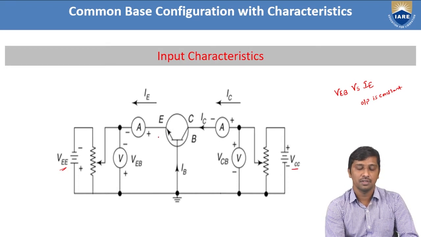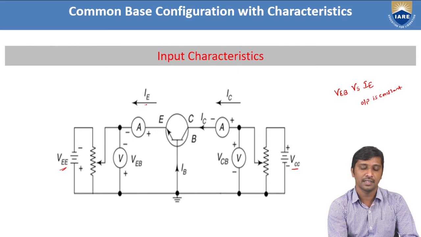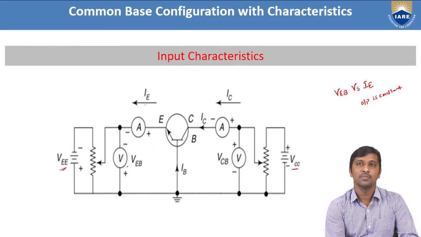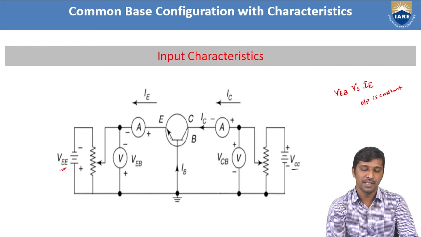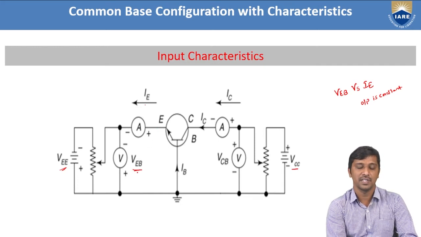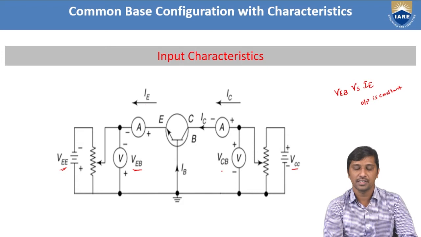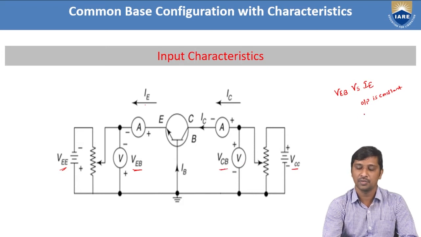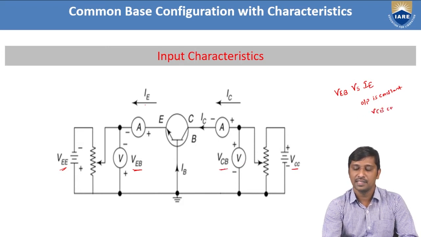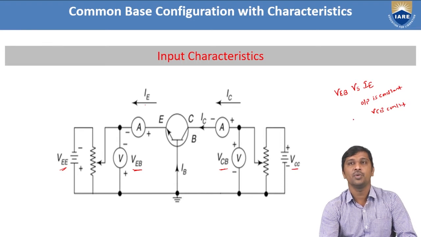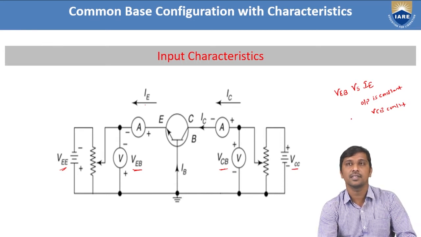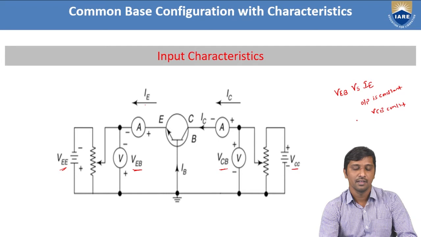We need to observe the input current across the emitter, represented as IE, and the input voltage we need to measure between emitter and base, represented as VEB. Hence we need to plot the characteristics between VEB and IE while maintaining the output constant, that is VCB. By making VCB constant, we identify the characteristics of the input junction.